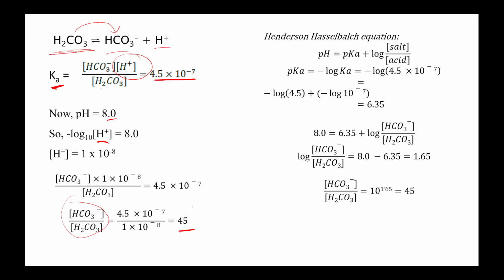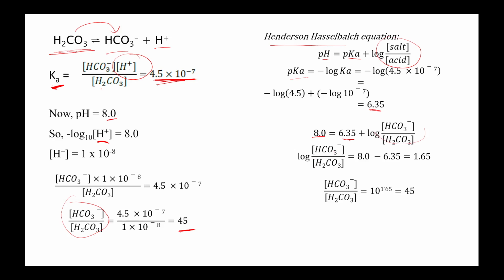Second way is what I was telling you in the previous slide, that you can use this Henderson-Hasselbalch equation where you have to now find this ratio. So you already have the pH, that is 8. You can calculate the pKa from the Ka value. So from there we are getting pKa as 6.35. So you have 8, you have 6.35, and you have this equation.